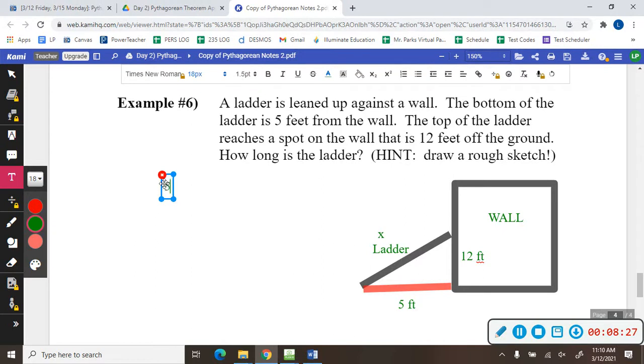So I set it up. I say 5 squared plus 12 squared equals x squared. 5 squared is 25. 12 squared is 144. If I add those, I get 169.